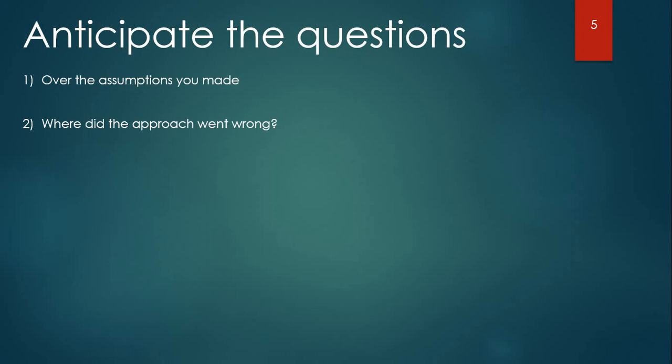In that case, they might ask you where did the approach go wrong. Even if you are not getting a correct answer, if you are able to explain your approach and you understand where it went wrong, then that might help you to get through even with the wrong answer.